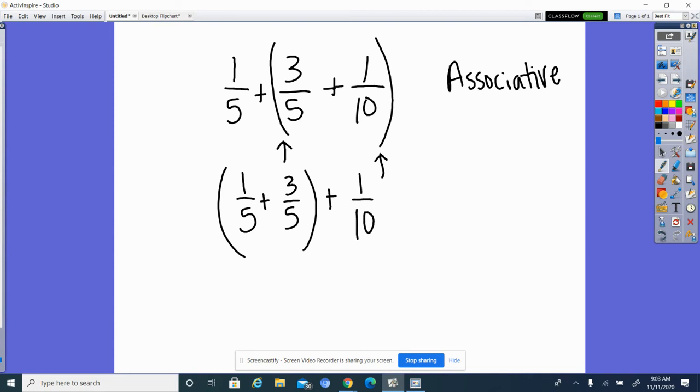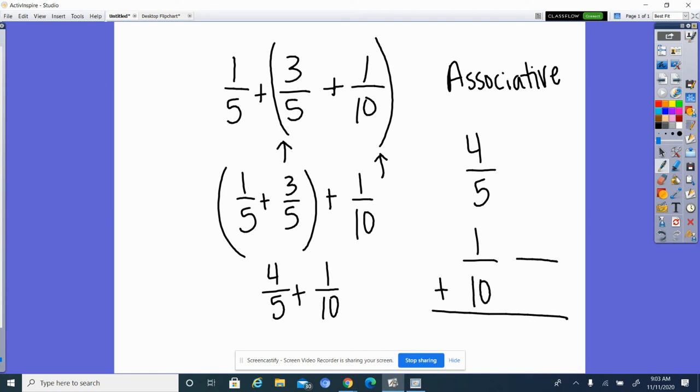Does that make my problem a little easier to complete? Yes, because now I can automatically say, okay, what's 1/5 plus 3/5? 4/5. So now I have 4/5 plus 1/10. Now what do I have to do? Yep, and I'm going to put it in a column so that it's easier for me.